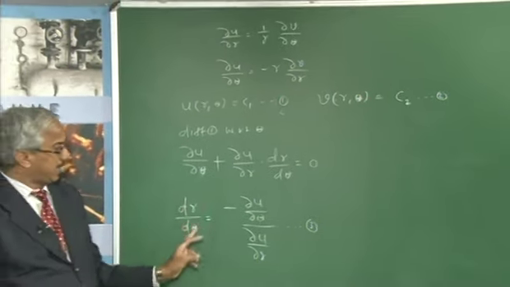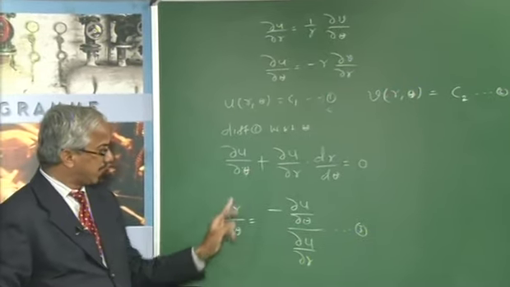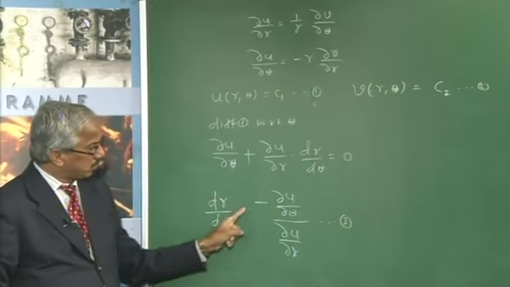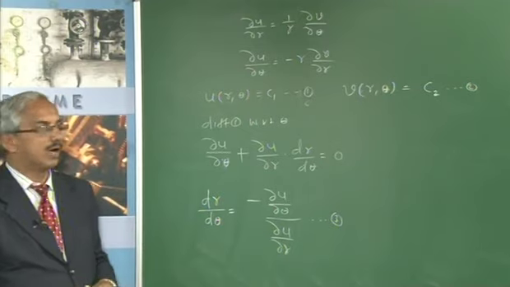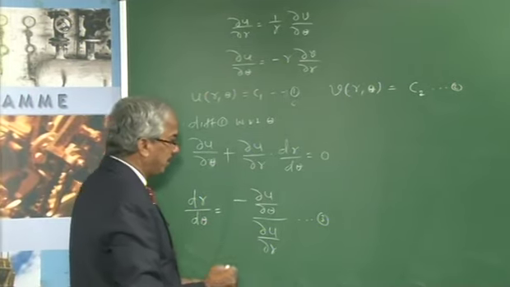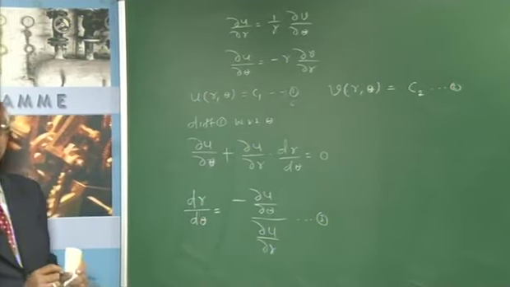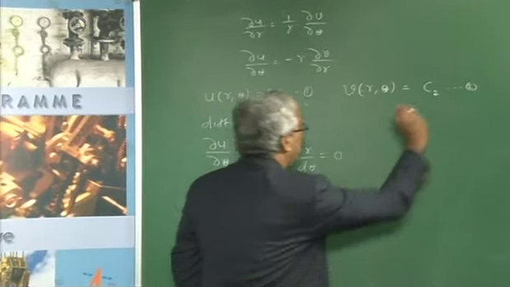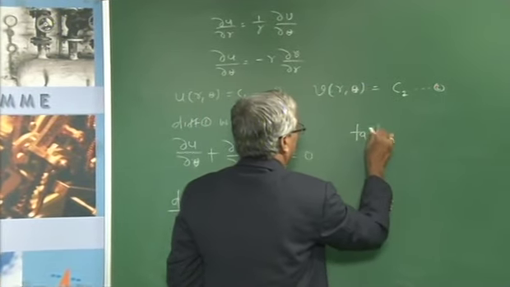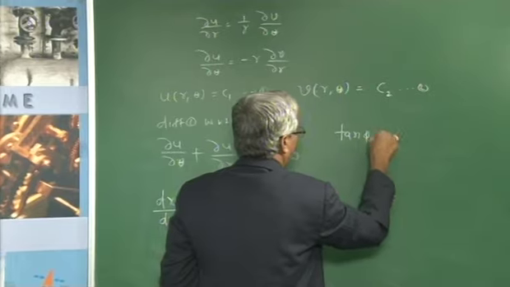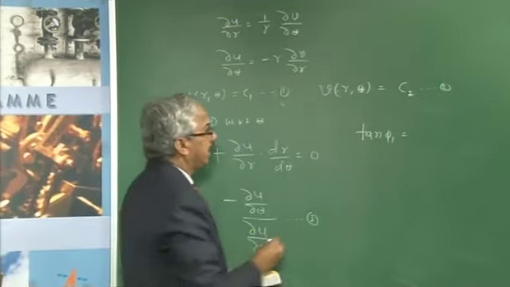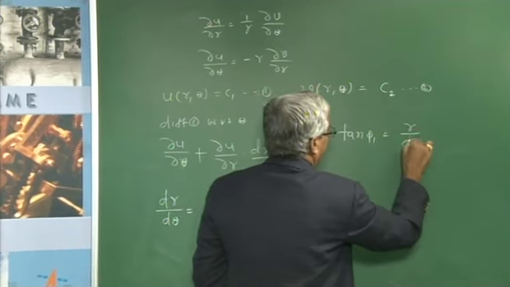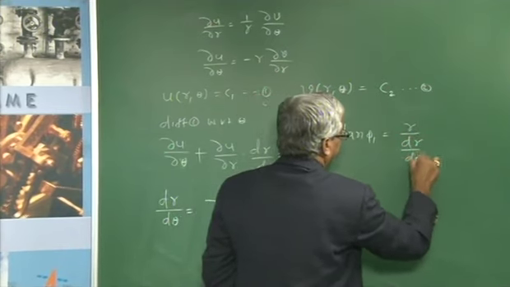After simplification, we get dr by d theta is equal to minus dou u by dou theta divided by dou u by dou r. And one property you know is that in the polar form, the angle between the radius and the tangent of the curve, tan phi 1, I can find for this family of curves as r divided by dr by d theta.